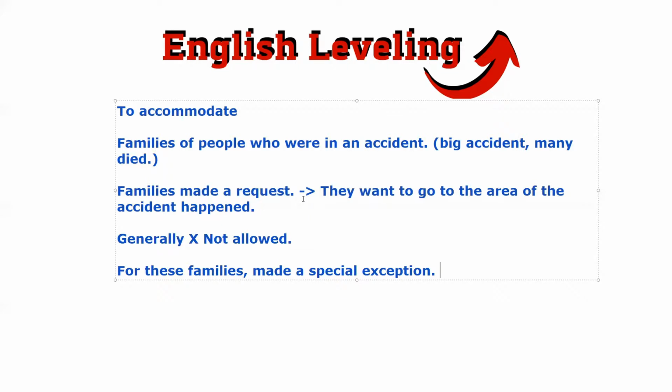But the families wanted to go to this place because their loved ones died, sadly, and they wanted to at least see the place for some special reason for themselves. And so the people in charge made an exception. Okay, you know what? We're going to allow you to come.